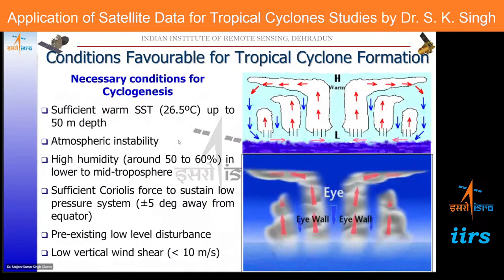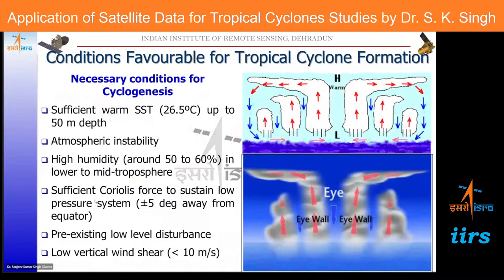Another condition is atmospheric instability, meaning there is a temperature difference between the lower level and the mid-tropospheric level. Then only are there chances of formation of a low pressure. Another is high humidity, which should be around 50 to 60% in the lower to mid-tropospheric level.